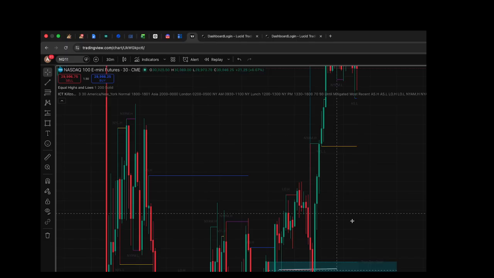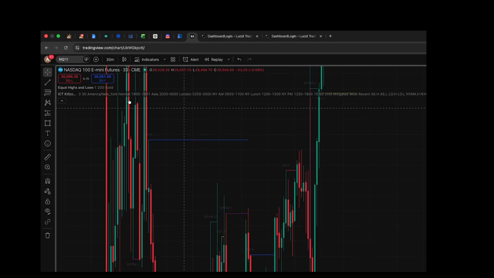Right here, 30-minute gap. We also had this 30-minute gap right here. So higher low, higher high, and then we also had this here. So that was pretty much it.